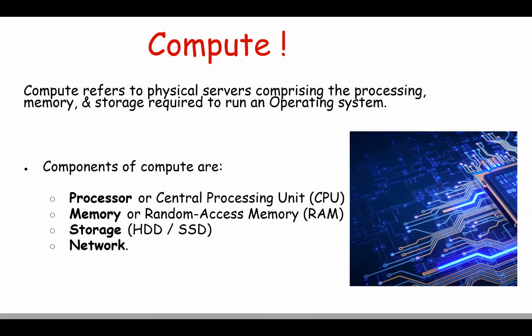So coming to the compute, it is a physical machine which has a combination of processing, memory, and storage to run the operating system. So what is this operating system? Operating system is a communication platform to get communication between the user and the computer. We all know the computer knows only binary language.